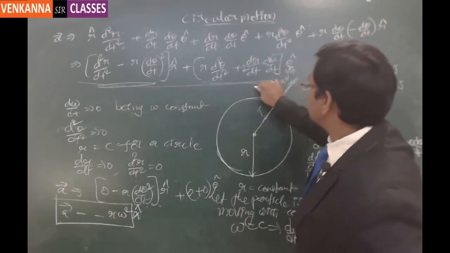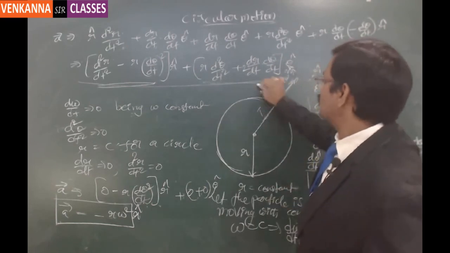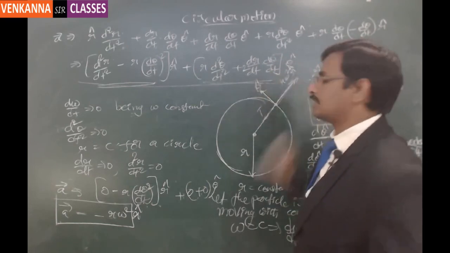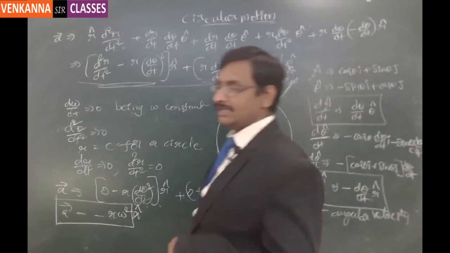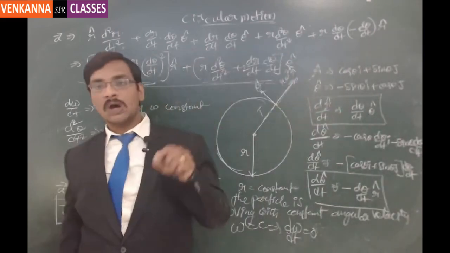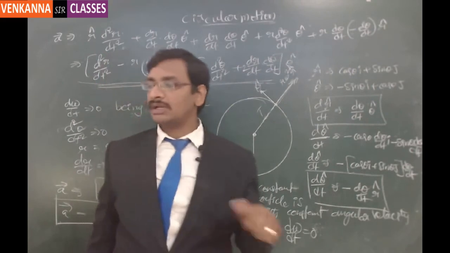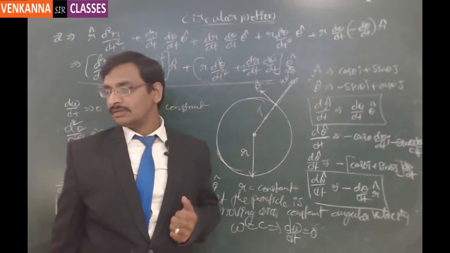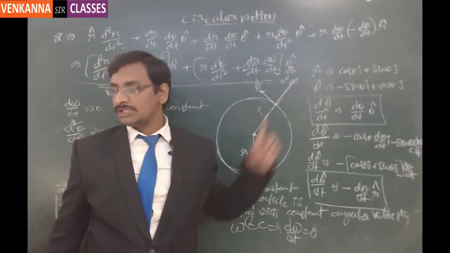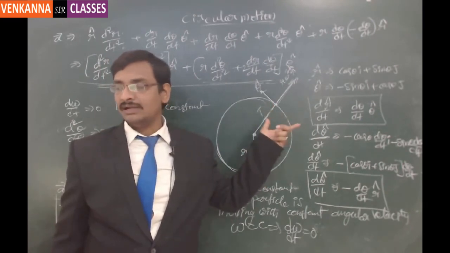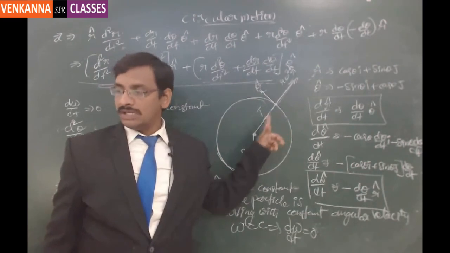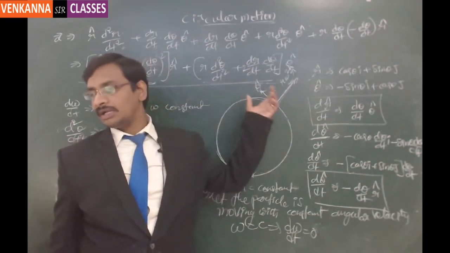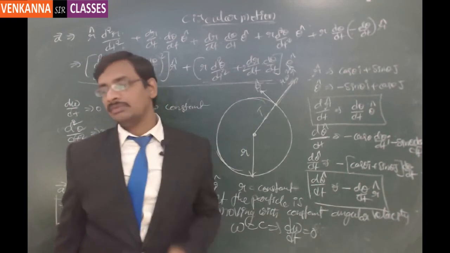The other is the transverse component, that is the theta cap direction. Got it? The velocity will decide. Only as long as the angular velocity is constant can you think of the acceleration being always towards the center. So the velocity magnitude will decide whether it has only the centripetal acceleration or another component as well.